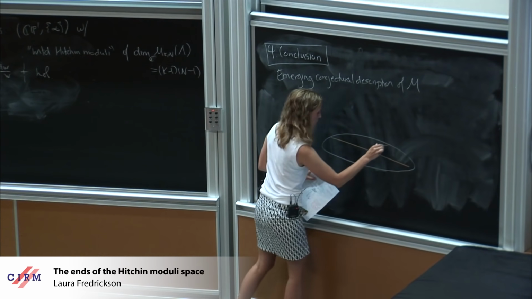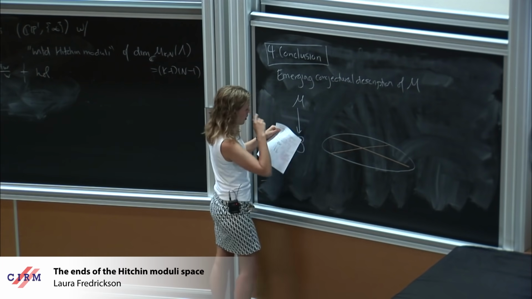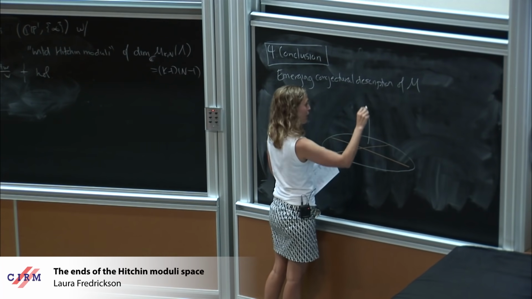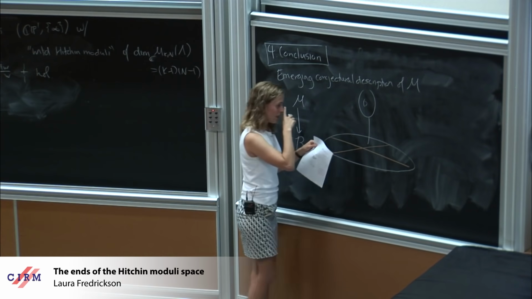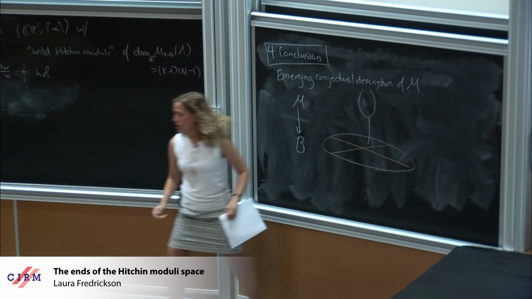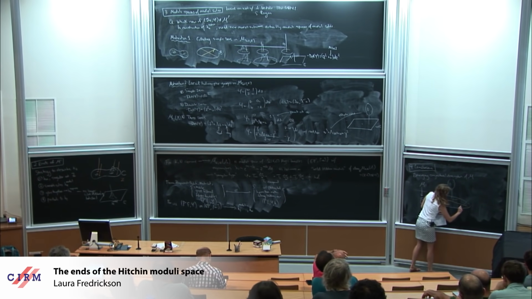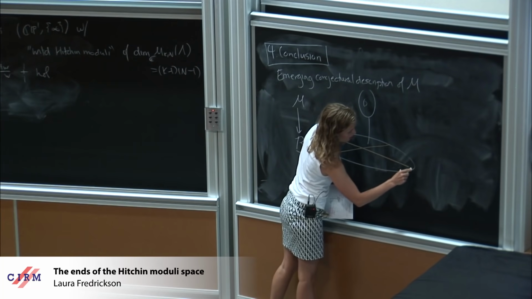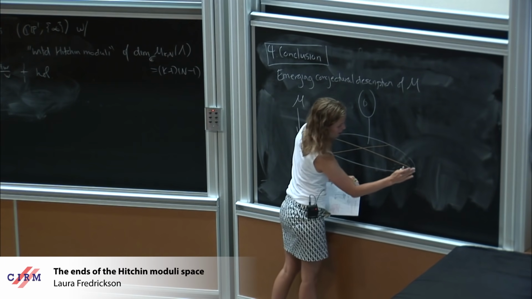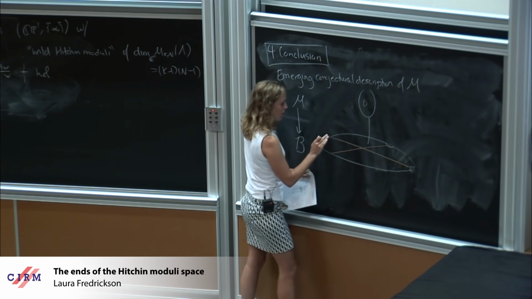We drew this picture originally. So the picture is, and then we do have the fibers here, but it's easier to draw it on the base, that depending on the ray that you go out along, you can get different model solutions. And so actually what you should get is some sort of iterated real blowup of the space.